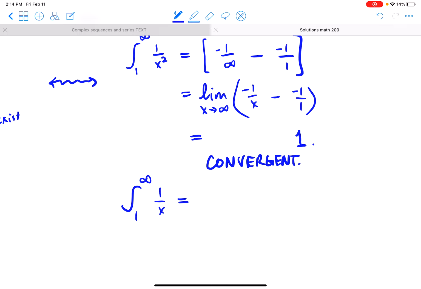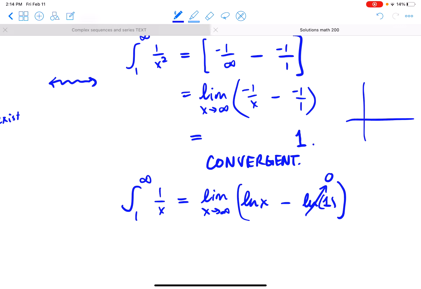Okay, so the limit as x goes to infinity of ln x minus ln of 1. We're plugging in the bottom. Well, ln of 1 is 0. Remember, the graph of ln looks like this. ln of 1 is 0.